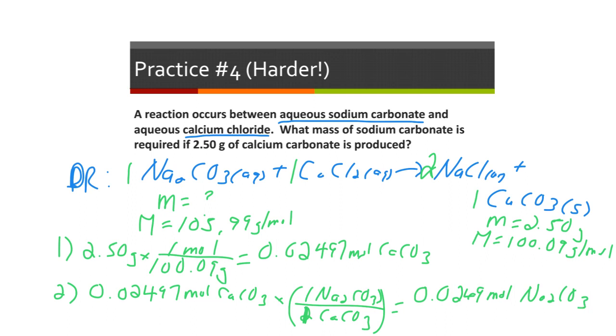And then lastly, we multiply that by the molar mass of sodium carbonate, which is 105.99 grams per mole, which will give you 2.65 grams of sodium carbonate.